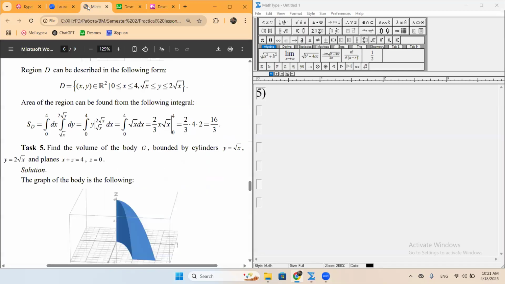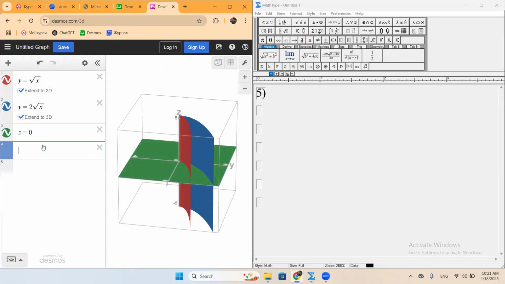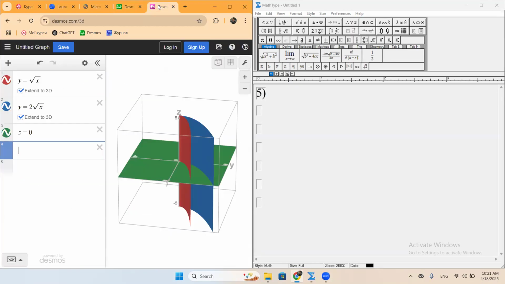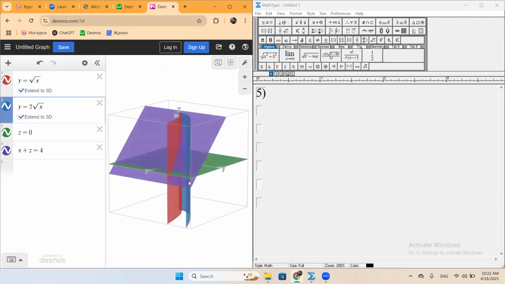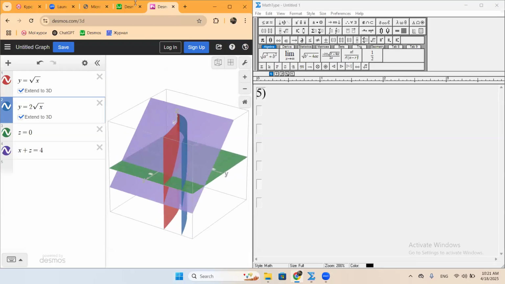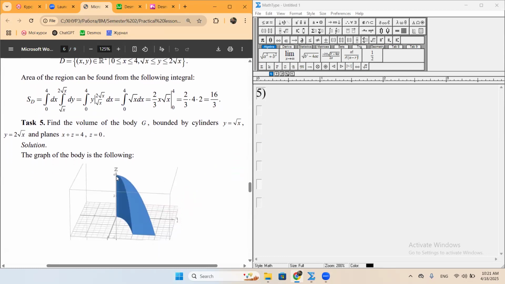Then z equals 0, and x plus z equals 4. Let's make everything translucent, and we can see the body that is bounded by these surfaces. So with writing down all conditions with correct adjustment, we will see such a body.